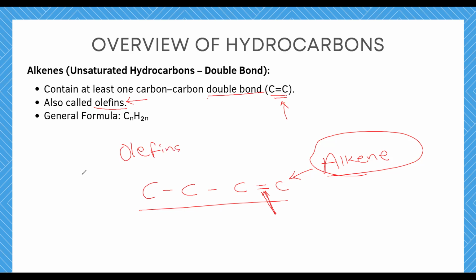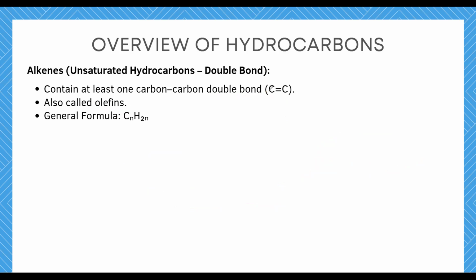And there is a formula for calculating the molecular formula of alkenes, and that is CnH2n. Can you see it? So, for instance, if I say an alkene has three carbon atoms, can you deduce the molecular formula for me? What would you do? n is 3.